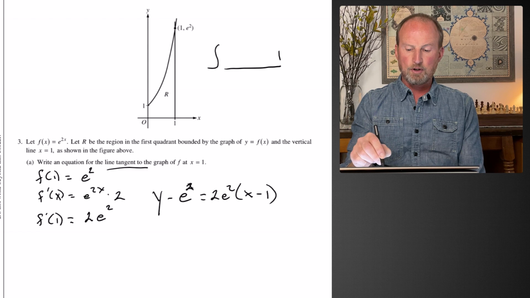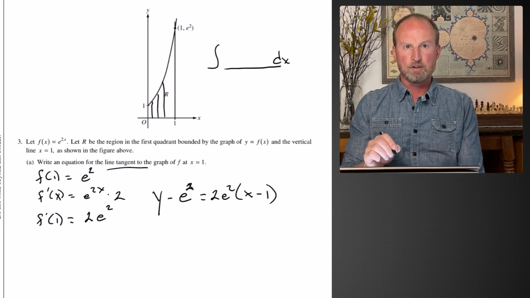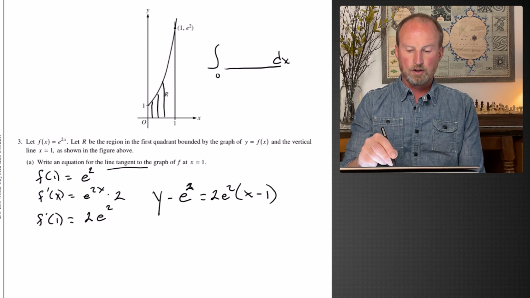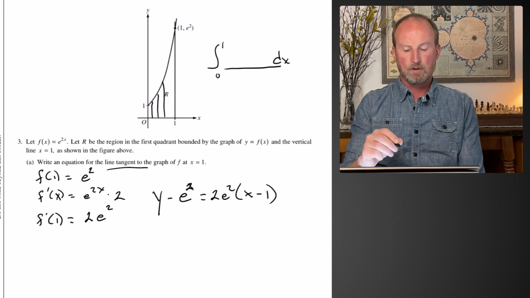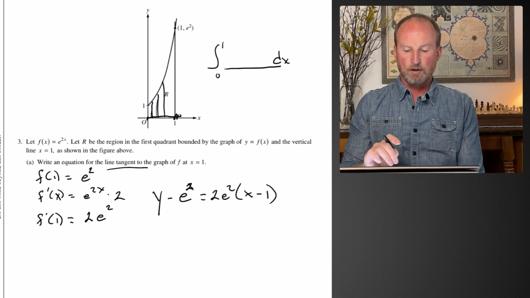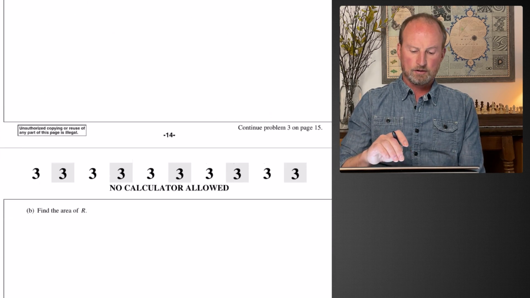Well, my base we know is my thickness of dx. So then the height is going to be simply the y value of my function as x changes from 0 to 1. As x goes from 0 to 1, my y value, or the height of my rectangle, will change. So there's my basic setup.